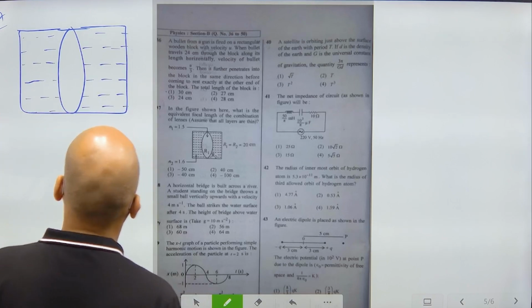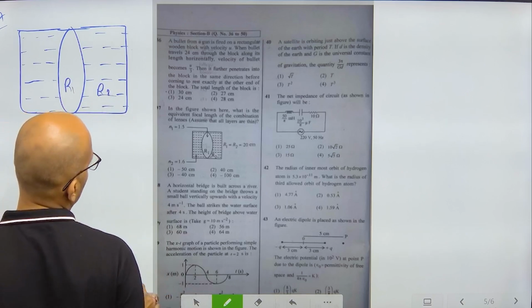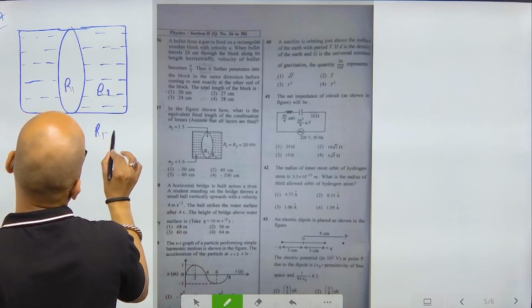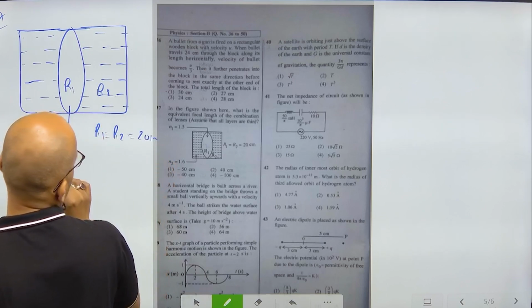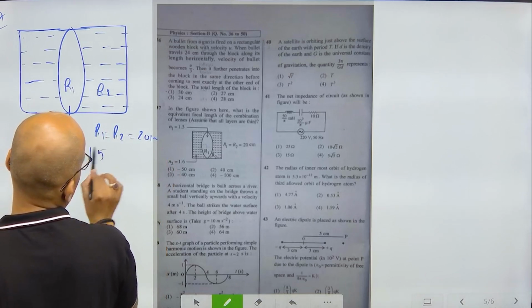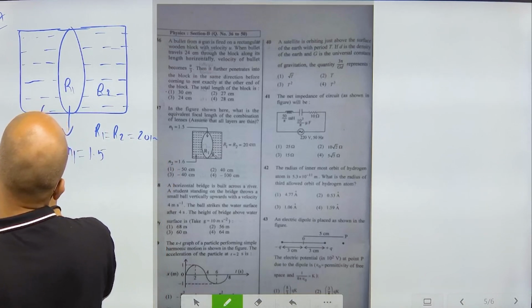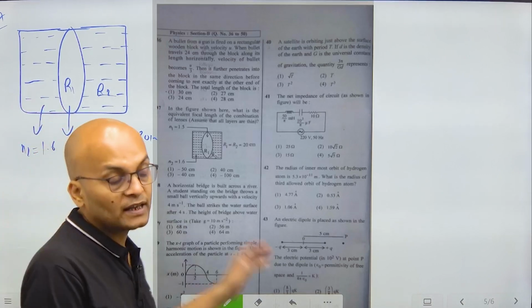This is R1. R1 is equal to this. Refractive index of this is given as 1.5, and of this 2 is given as 1.6. You have to calculate the equivalent focal length of the combination.